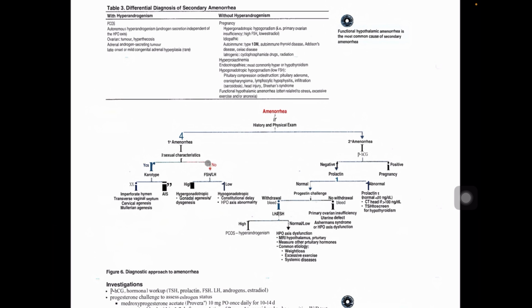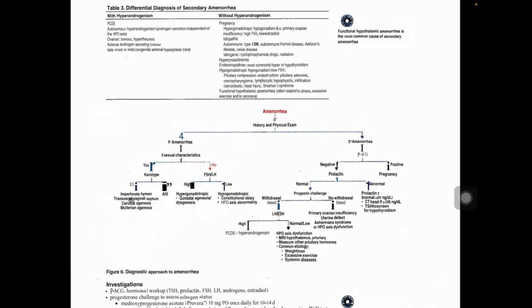So if the patient is coming with primary amenorrhea, you need to do FSH and LH to check the gonadotrophic hormones. If it's high, that means hypergonadotrophic situation, gonadal agenesis, there's a problem in the gonads. But if it's low FSH and LH, that means it is a hypogonadotrophic situation where there could be constitutional delay or HPO axis abnormality. But let's say if the patient has normal FSH and LH but does not have the secondary sexual characteristics properly developed, then you will go for chromosome karyotyping.